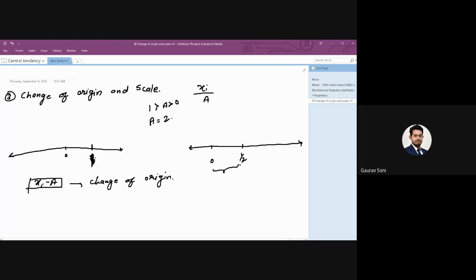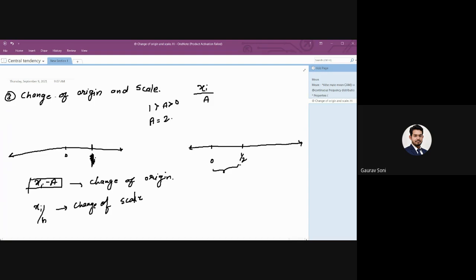So the scale is being changed when you divide. If I have xi by h, then this is called the change of scale. So what we are going to see in this property is the effect of change of origin and change of scale.